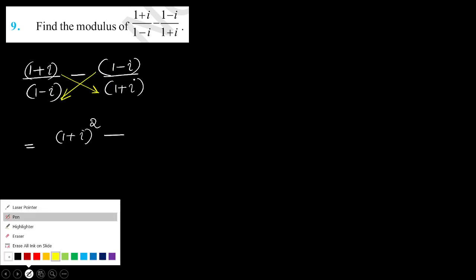Then cross multiply like this: (1 minus i) into (1 minus i), (1 minus i) whole square, all divided by the product of the denominators. I mean (1 minus i) into (1 plus i). All of you clear till this step?